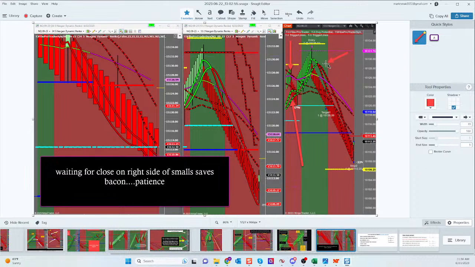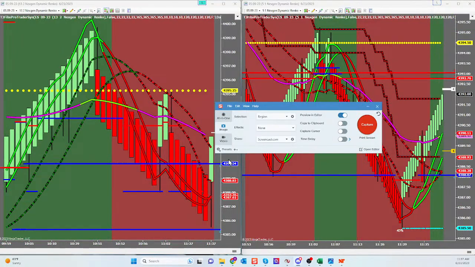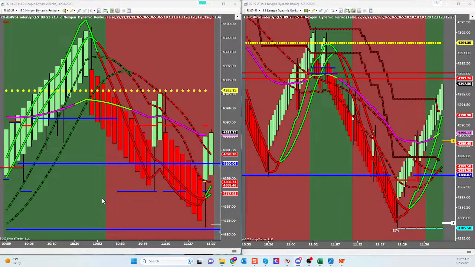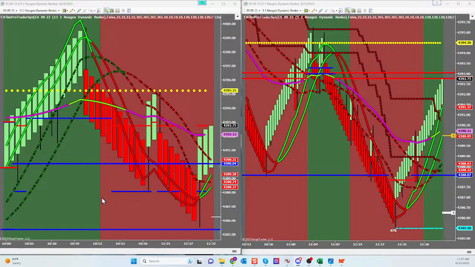But if I'm just patient and I wait for the close on the correct side of the small triggers, because this is a market with volatility, it increased my win percentage by about 40%, guys, which means that I got to stop taking trades twice, which meant that I got to get more out of my winners, my rules-based winners. You're never going to stop learning, and your plans are always going to grow.